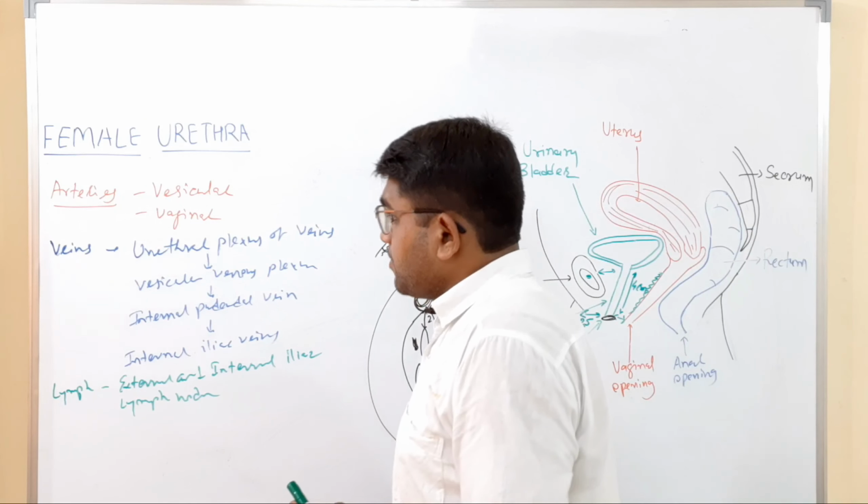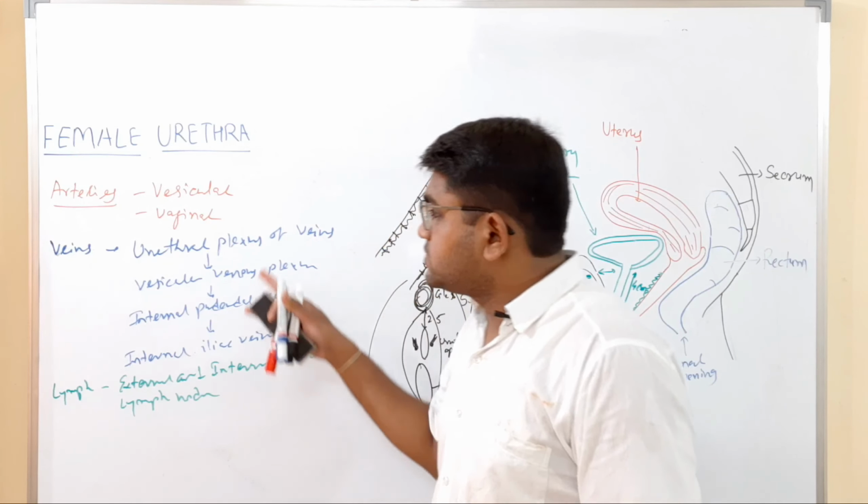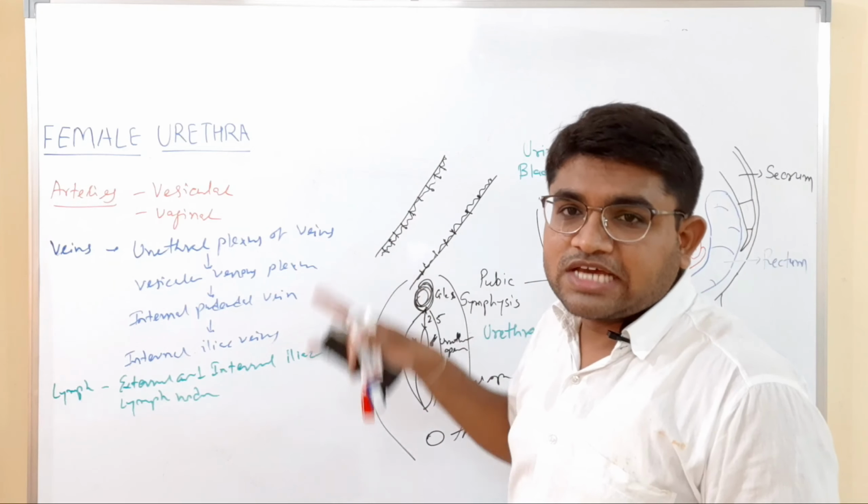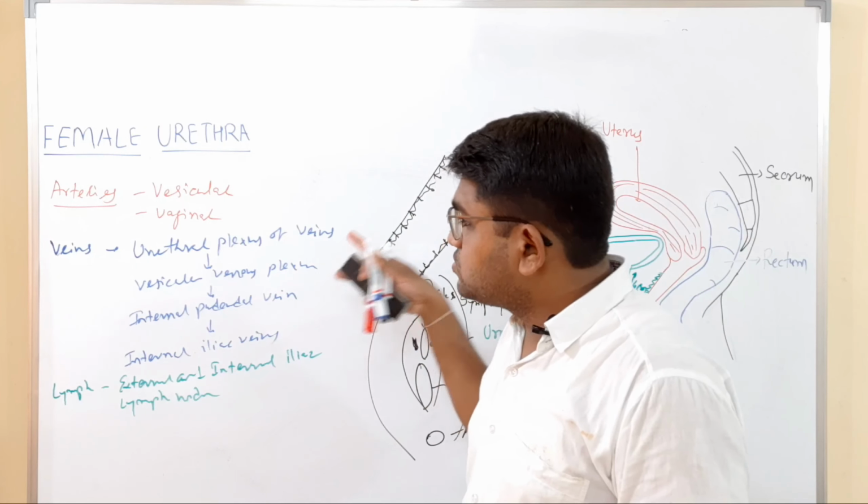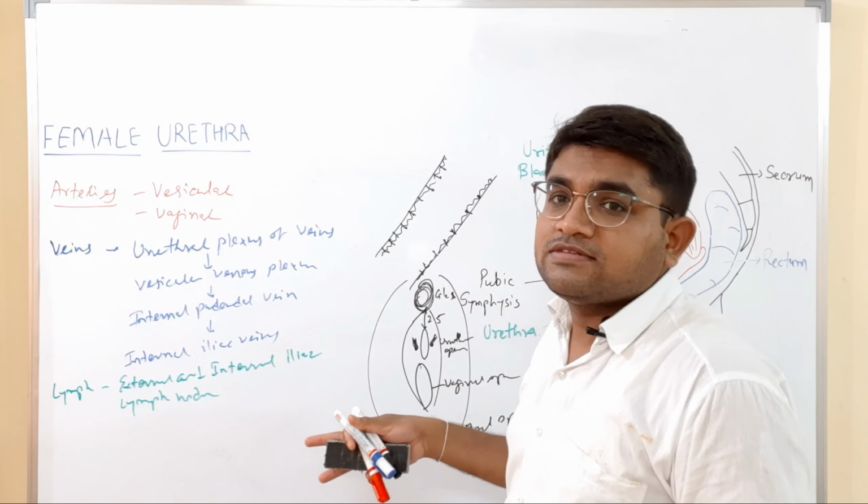Okay, this is about the arteries, veins and the lymphs. The arteries, the vesicular arteries and the vaginal artery, and the veins, the urethral plexus of veins, drained by the vesicular venous plexus, then the internal pudendal vein, and then the internal iliac veins, and the lymph from the external and the internal iliac lymph nodes.